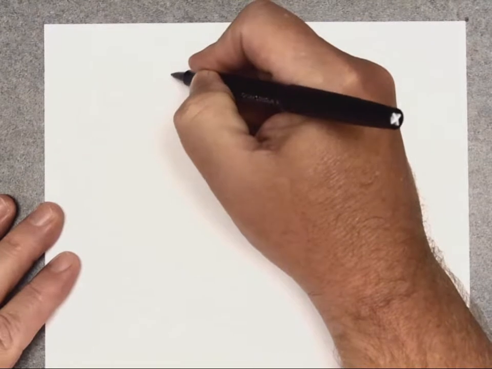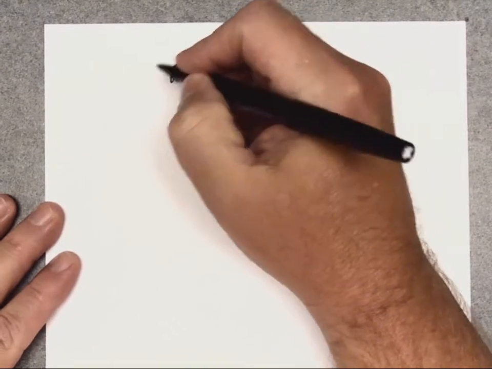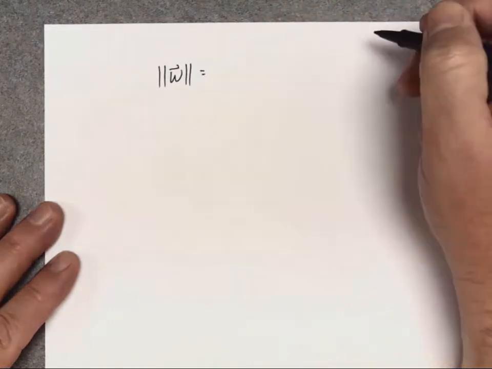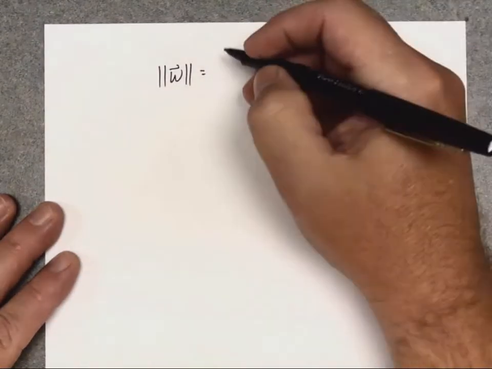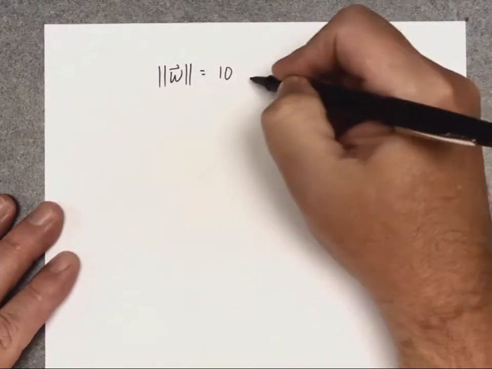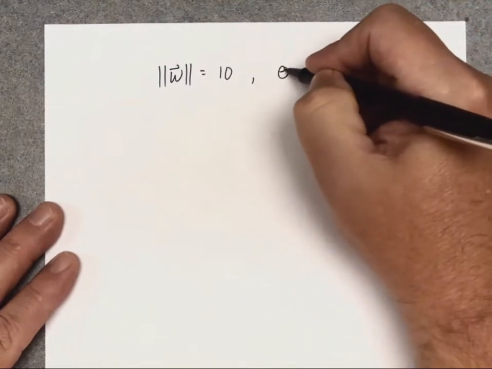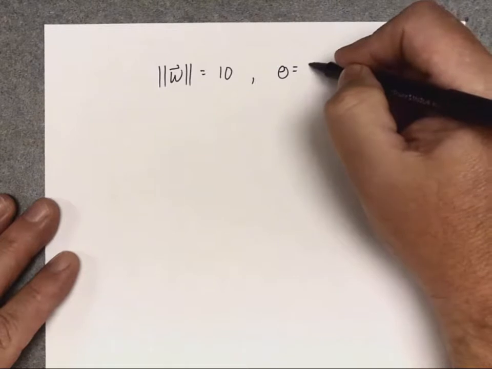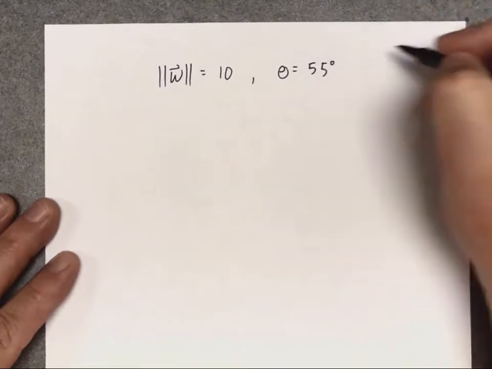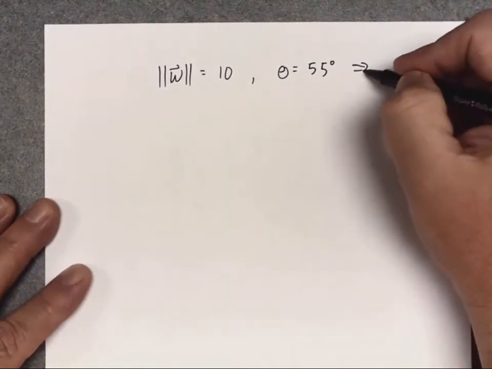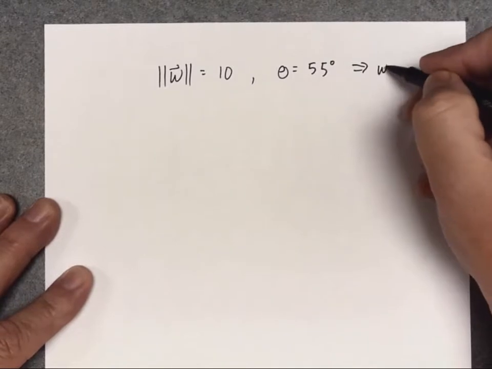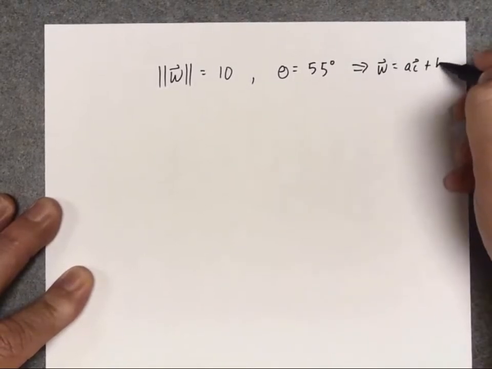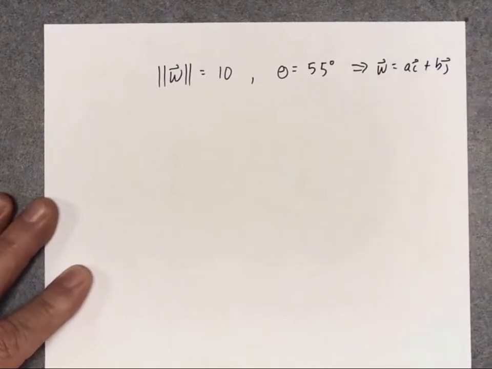Say I have the vector W, and I'm told the magnitude of the vector W is 10, and the angle is 55 degrees. I'm asked to convert that into the IJ form of the vector.